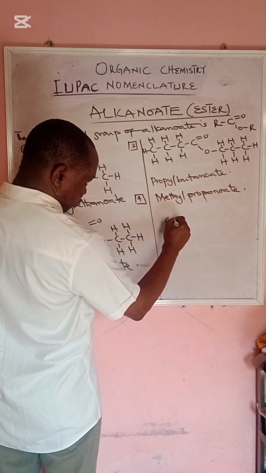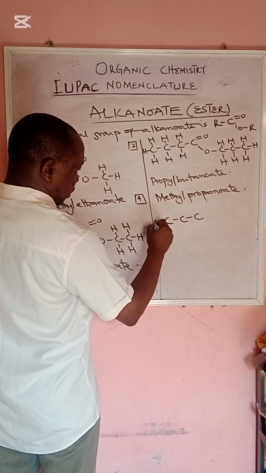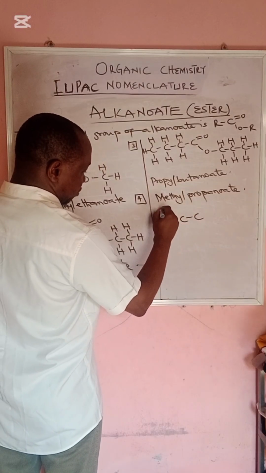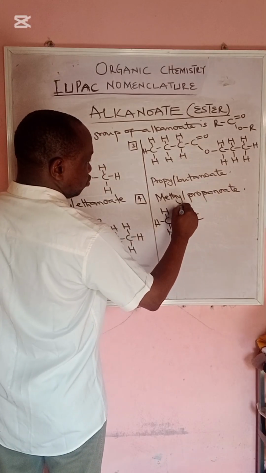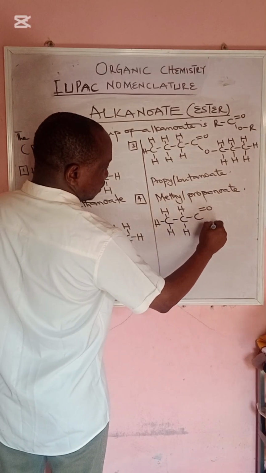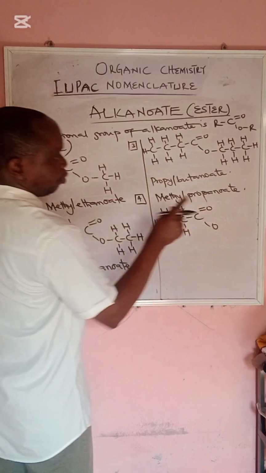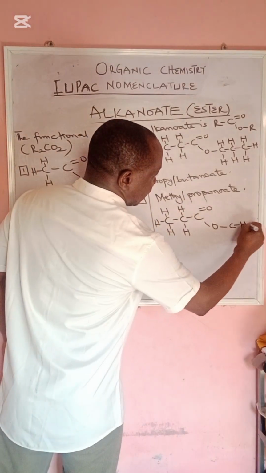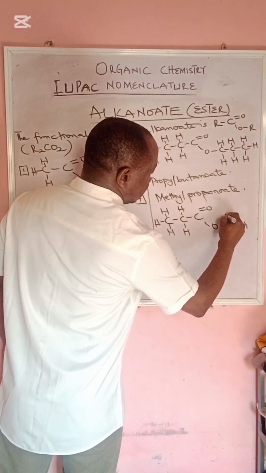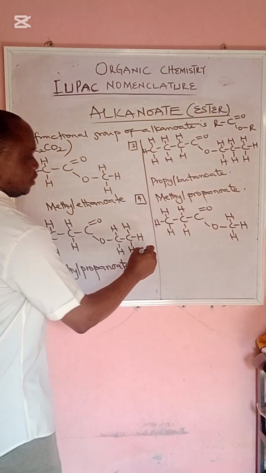Propanoate, that is 3. 1, 2, 3. So you have hydrogen here. You start from here, double bond here. Then methyl, the one with 1 carbon atom. That is methyl propanoate.